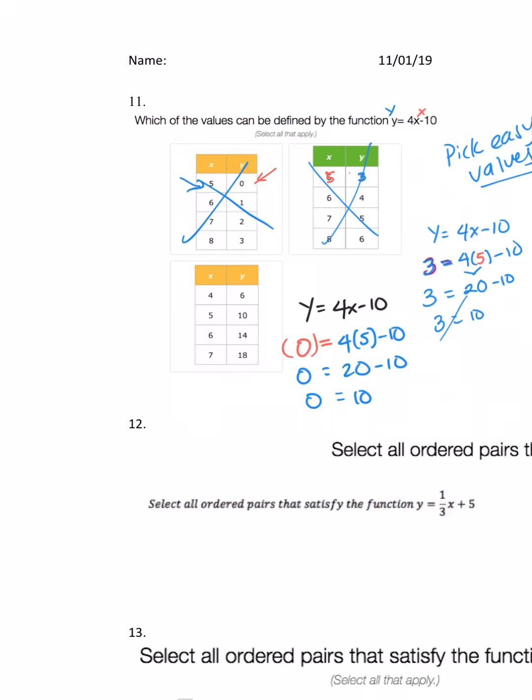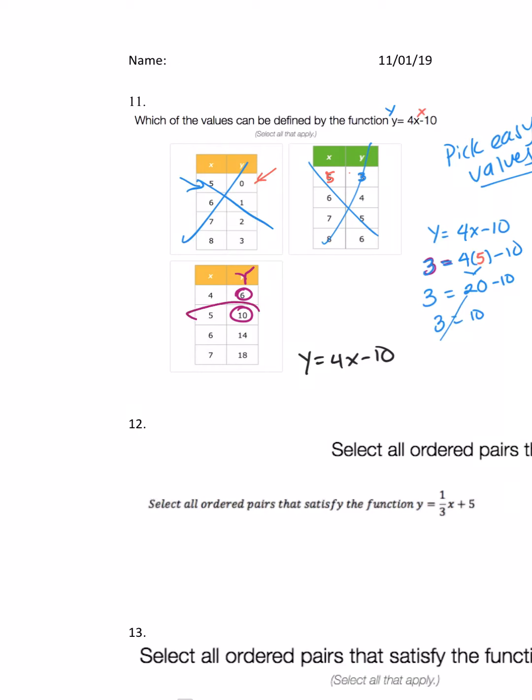Alright, one more. Okay, I guess I can't undo that. You can rewind. Alright, next one. Y equals 4x minus 10. Y is 6. Well, I'm going to go with 10. These are easier numbers. So, 10. X is 5.